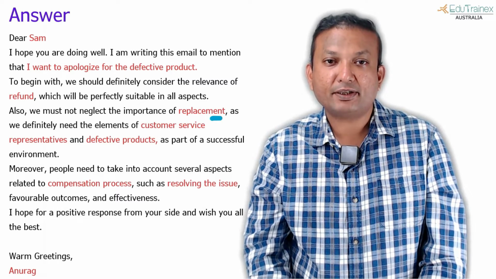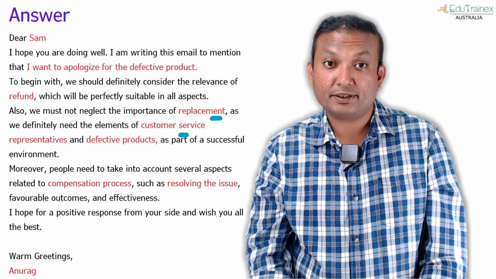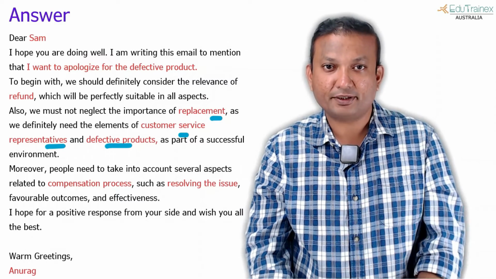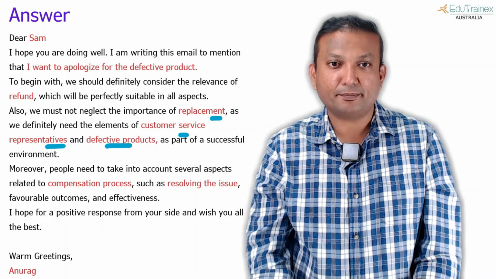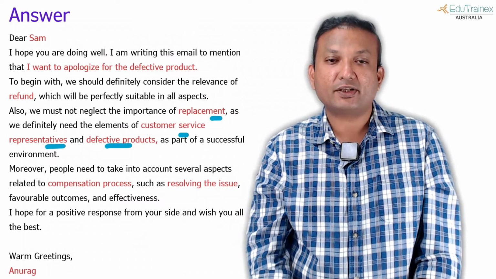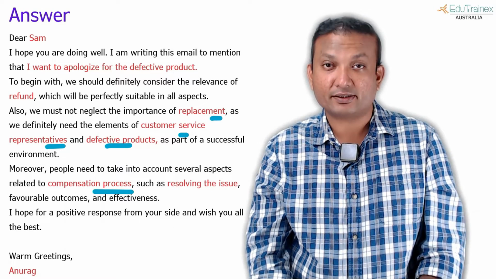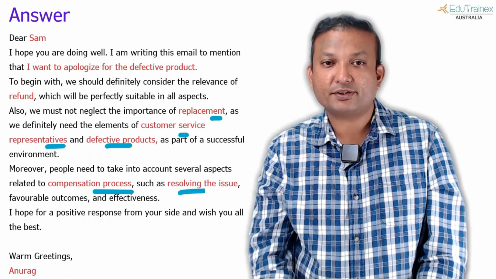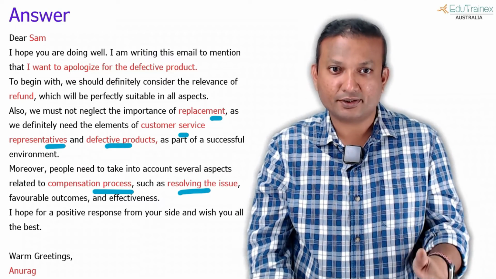And we definitely need the elements of customer service, representatives, defective products, plural. Everything is plural here, as I mentioned in the template. Moreover, people need to take into account several aspects related to compensation process. I added more than just one keyword, such as resolving the issue, and the rest is the template.